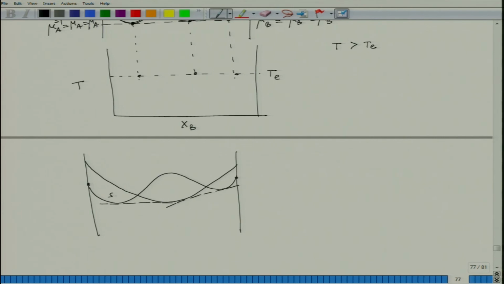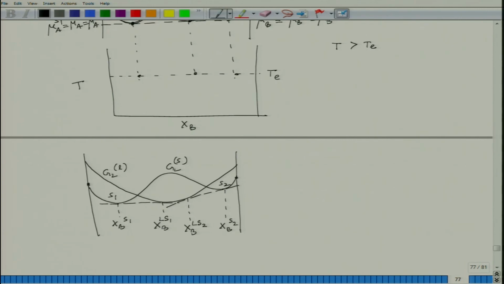So, this is solid 1, this is solid 2, this is G2 solid and this is G2 liquid. So, this is XB solid 1, this is XB liquid in equilibrium with solid 1, and this composition would be XB liquid in equilibrium with solid 2, and this is XB solid 2.